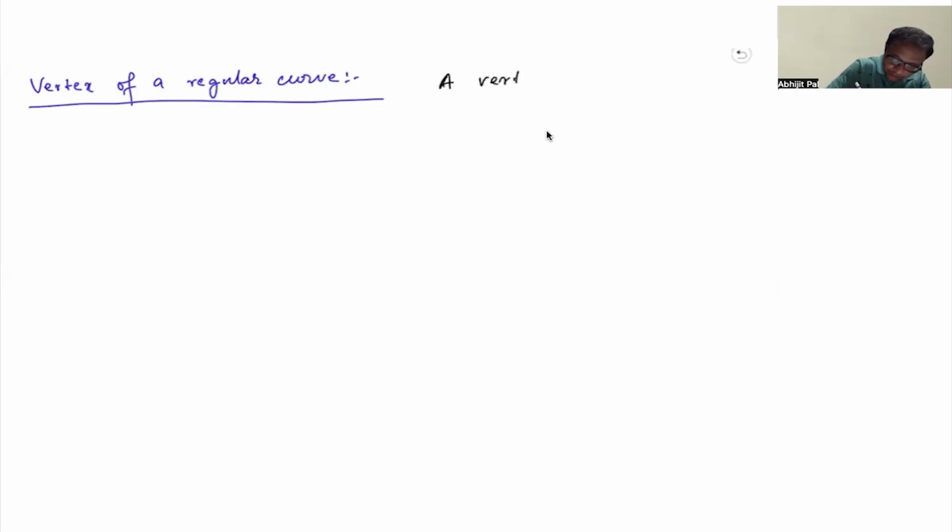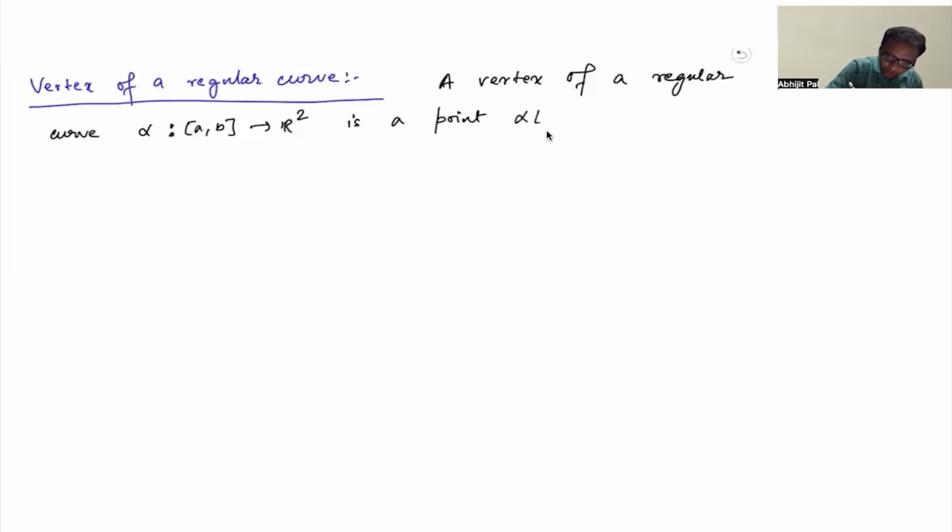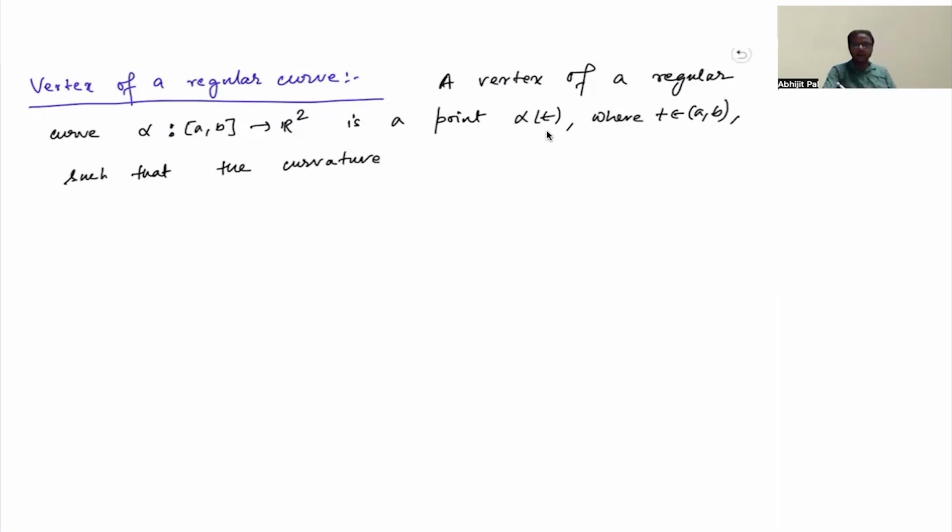A vertex of a regular curve is a point alpha t, where t belongs to the open interval, such that the curvature k at alpha t, if you take the derivative, becomes 0.